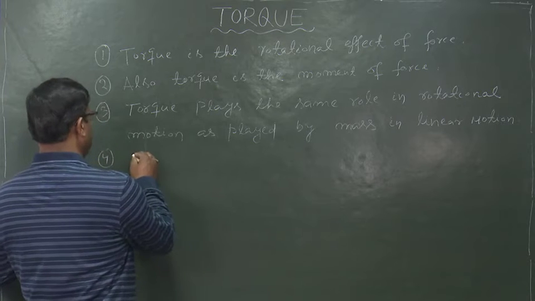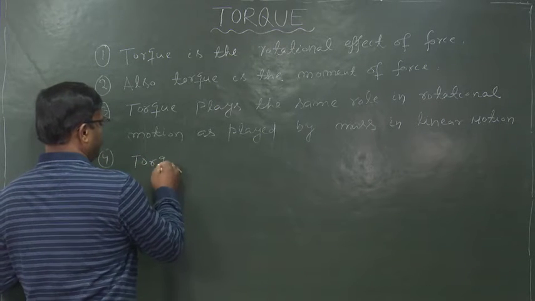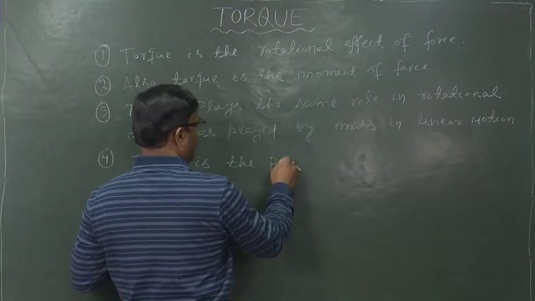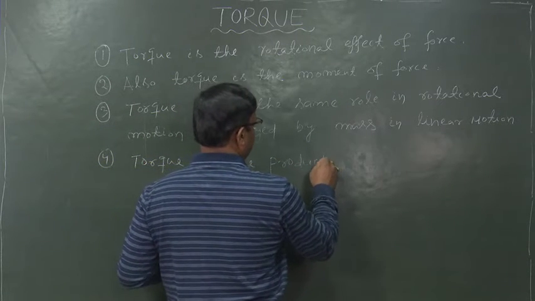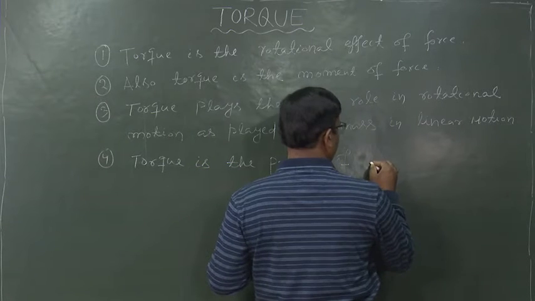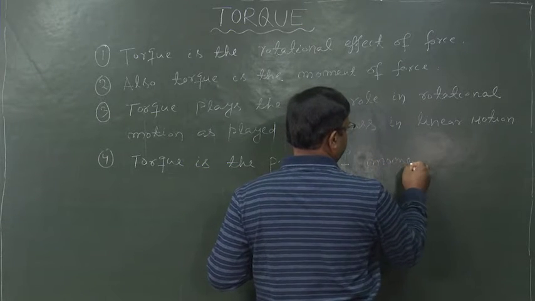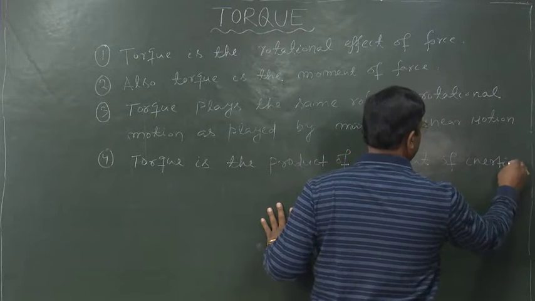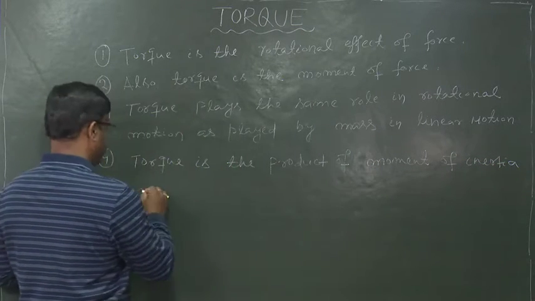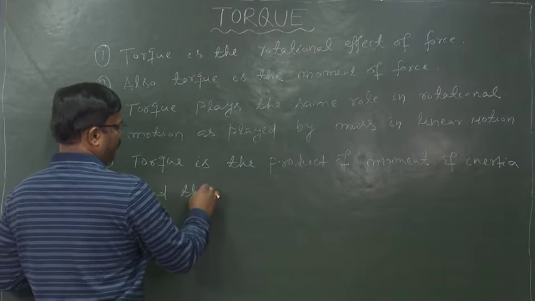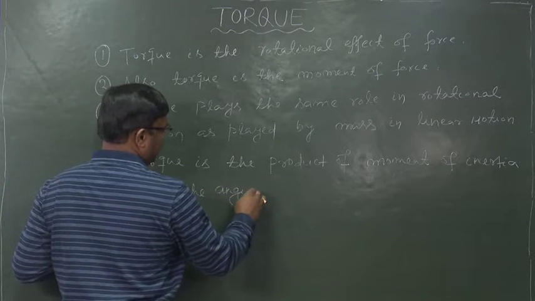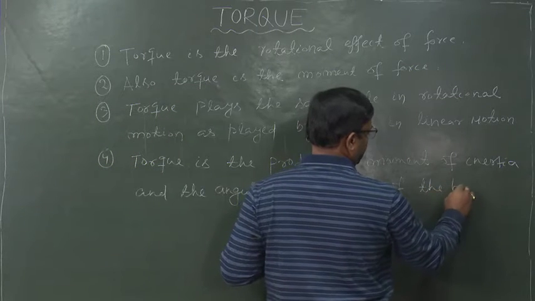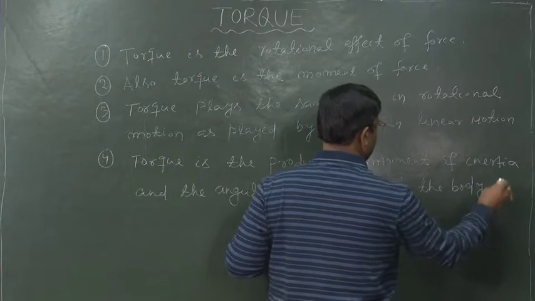So, torque is the product of moment of inertia and the angular acceleration of the body.